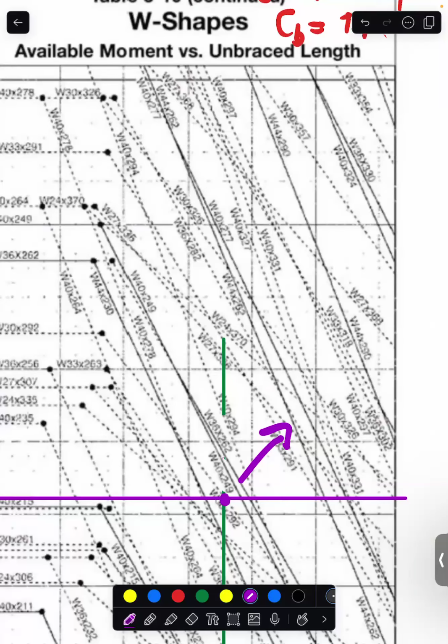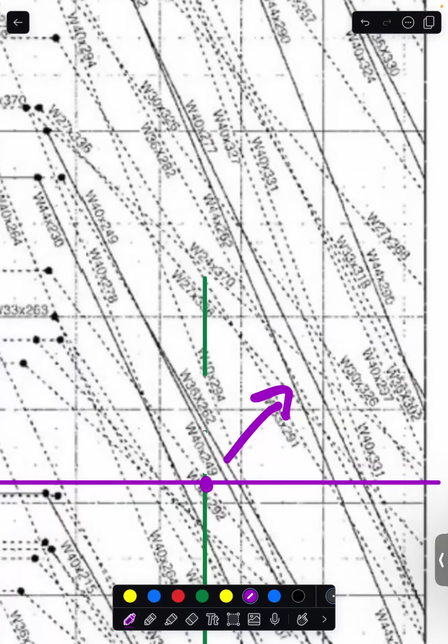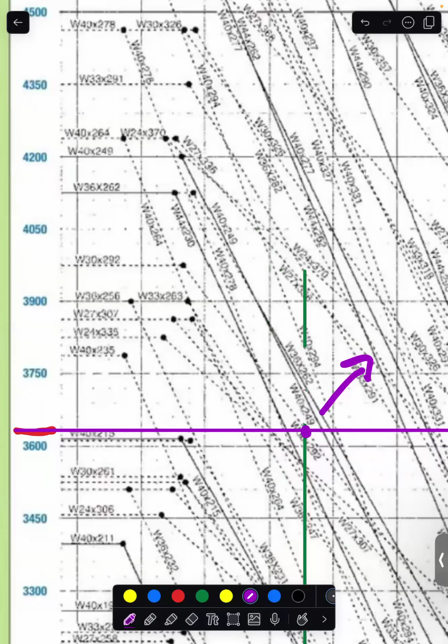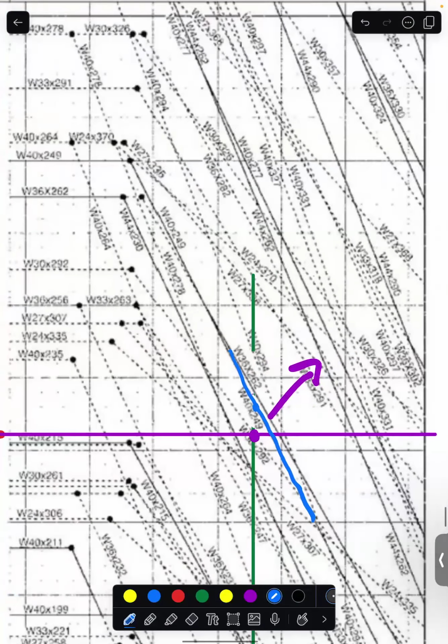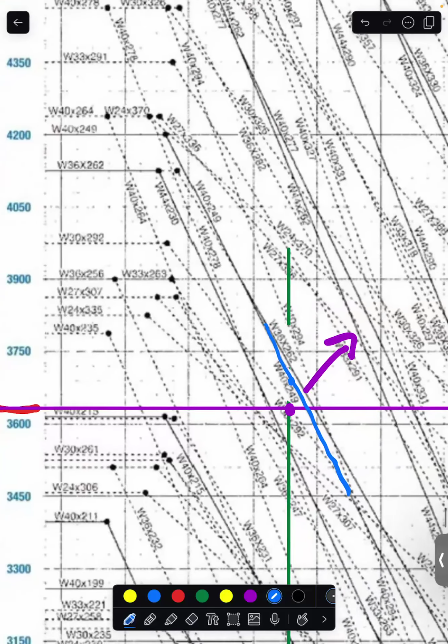Ang hahanapin natin, syempre, is yung lightest among doon. So yung lightest is yung W40 by 249. Ito yung naka-jackpot sa ating selection process. So, ito, W40 by 249. Siya yung pinakamagaan among dun sa ini-scan natin along the first quadrant.